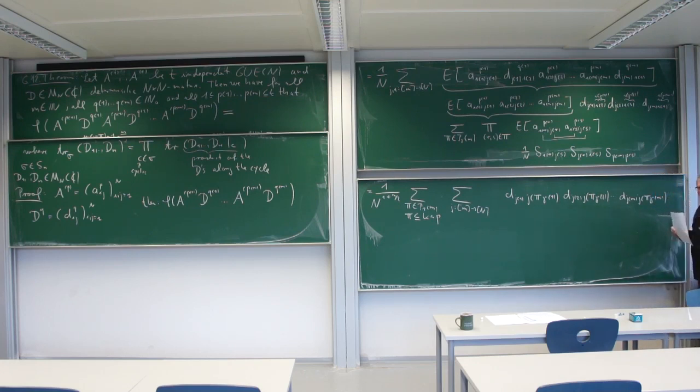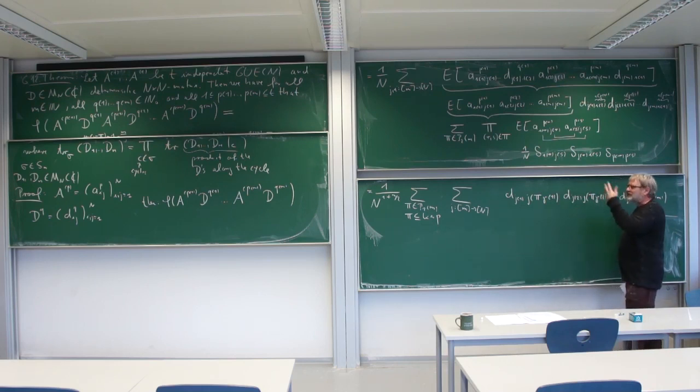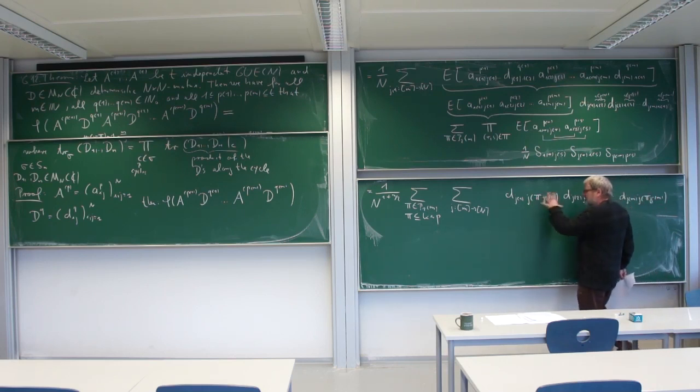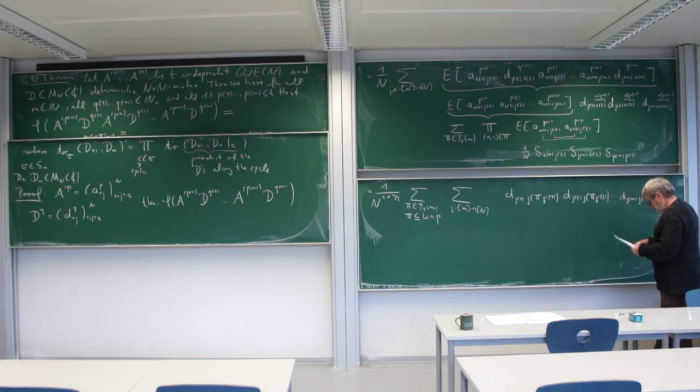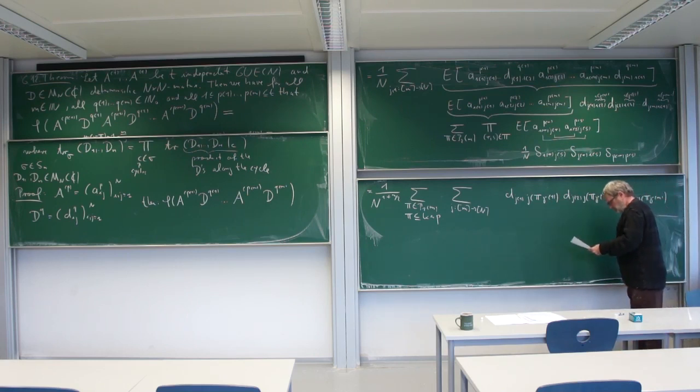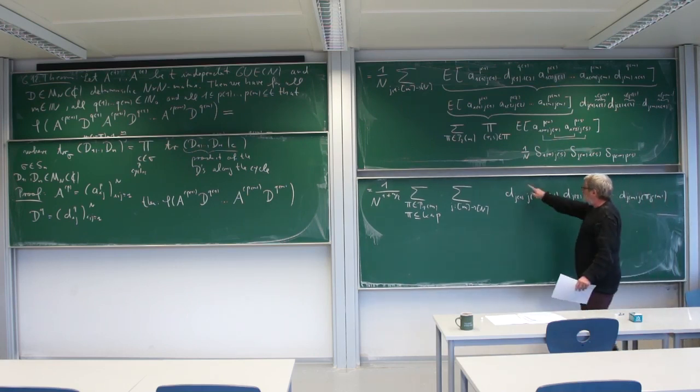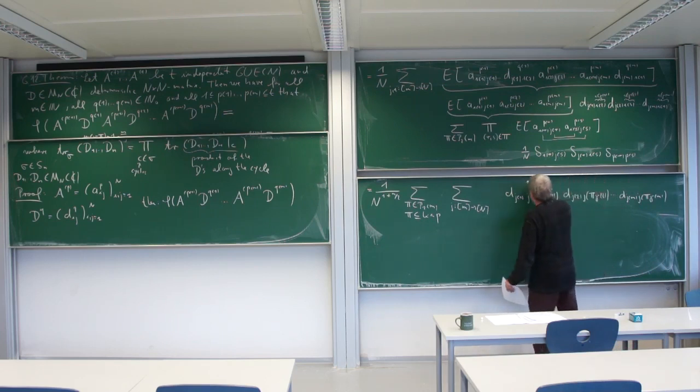And again, you see how I get this permutation pi gamma, or gamma pi, into the game. But now it appears not directly by just counting things, but really in the indices here of the D's. And of course, the D's here I also have upper indices.